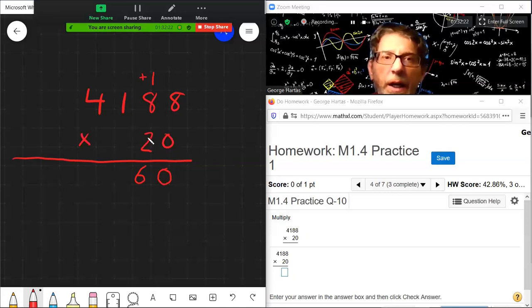2 times 8, this 8 is also 16. 16 plus 1 is 17. Right-hand digit, left-hand digit. You put the left-hand digit over the next column. Then you're going to multiply these two numbers. 2 times 1 is 2. 2 plus 1 is 3.